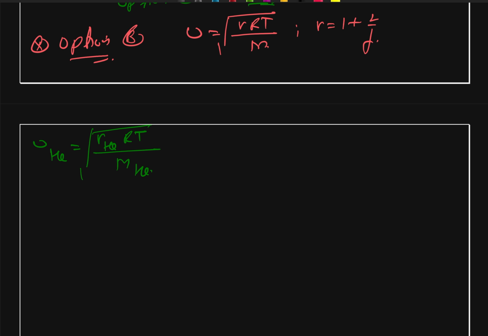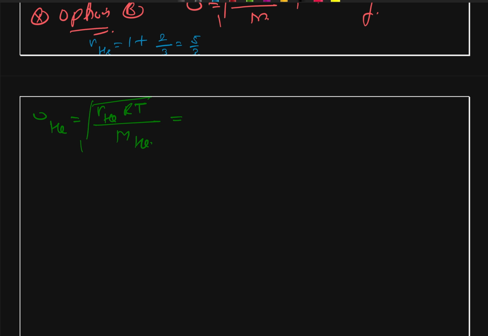And gamma helium we can calculate: gamma helium will be equal to 1 plus 2 upon the degree of freedom, which is 3. So this comes as 5 upon 3. So we can write this as 5 upon 3 RT over the molar mass, which is 4 gram, so this will be 0.004, under the square root.